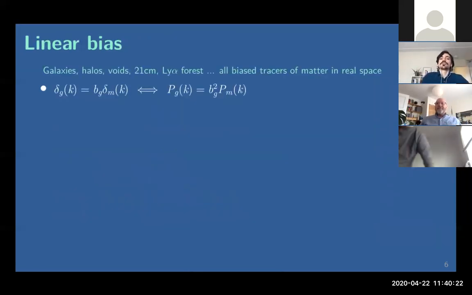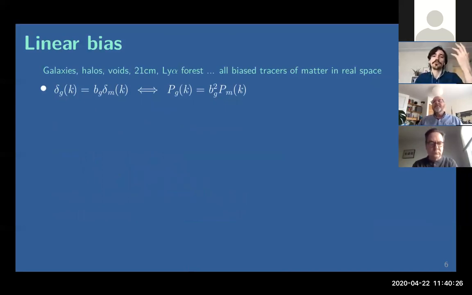Another complication is, of course, that we don't observe the matter, we observe tracers of the matter field. So everything that we use for clustering analysis is really just a biased tracer. For example, galaxies, halos, voids, 21 centimeter, or any other tracer that we look at are all biased tracers, meaning that their overdensity field is related in some way to the matter overdensity field.